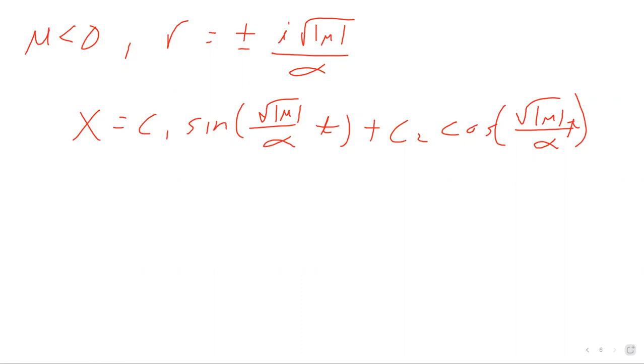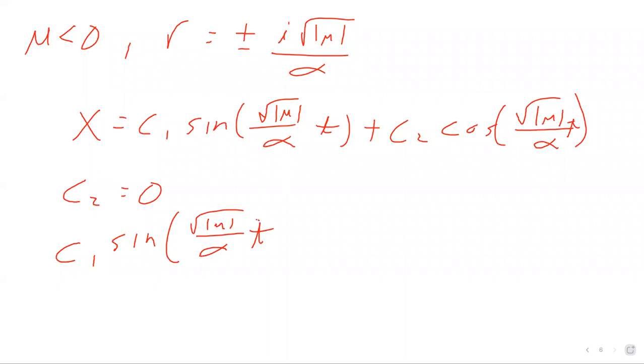And whenever we solve through things, we're going to get down to knowing that our C2 equals 0. And now we're going to have the C1 times sine of this.